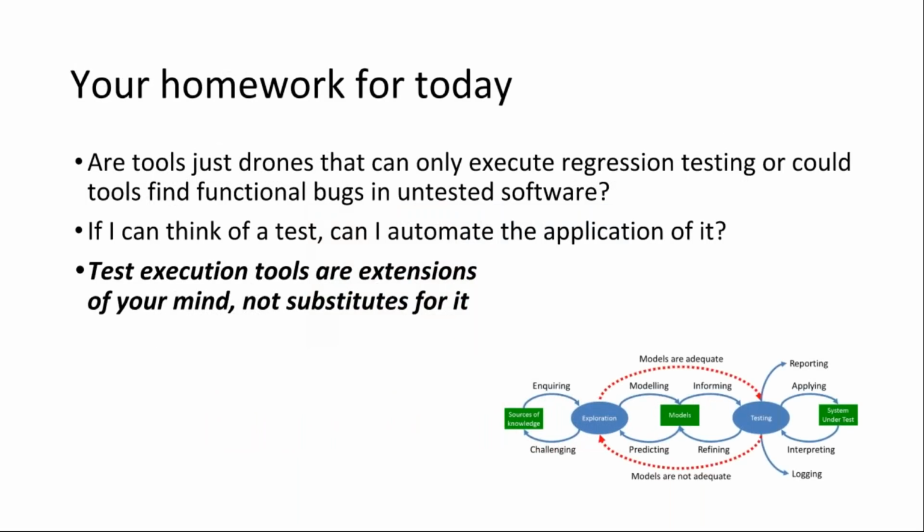So I just want to set a little task for you almost. It's to challenge the thinking that people have about what automation actually does for us. A lot of people think that tools are just drones. We script a test to run a test that generates an outcome that we trust, and we use and reuse that script to re-execute the test to generate an outcome that we hope is consistent with previous runs.